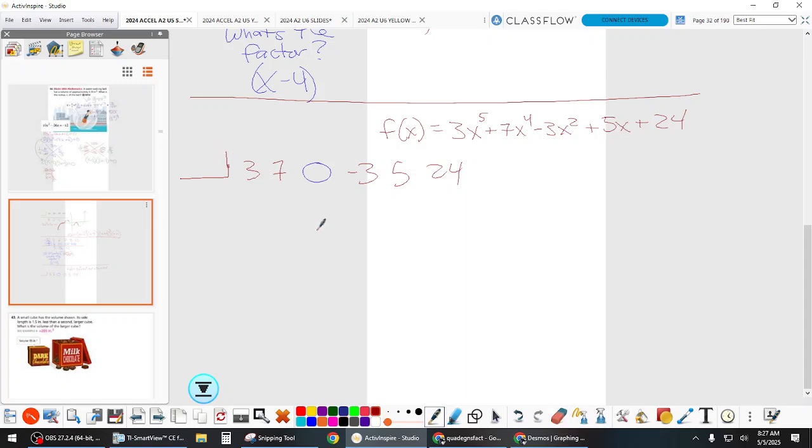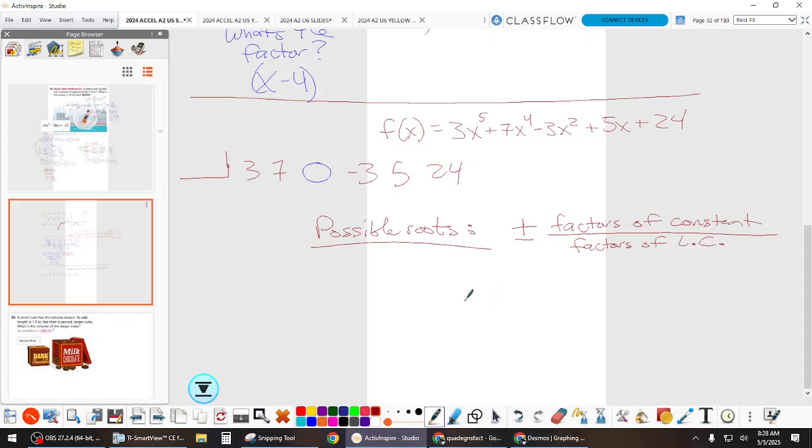And then to Nate's question, we had what we always called possible roots. Do you remember how to do that? Factors of the constant over factors of the lead coefficient. It's the factors that multiply to make that number.